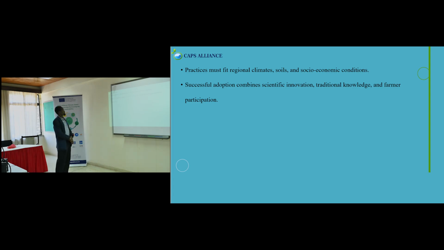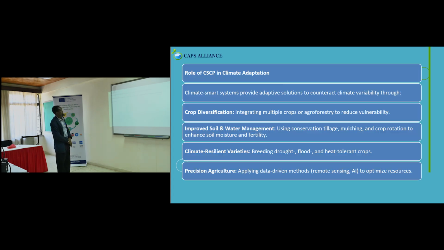Now, practices must fit regional climates. Role of climate smart agriculture in climate adaptation. Climate smart systems provide adaptive solutions to counteract climate variability. So climate smart agriculture will minimize climate change impacts.